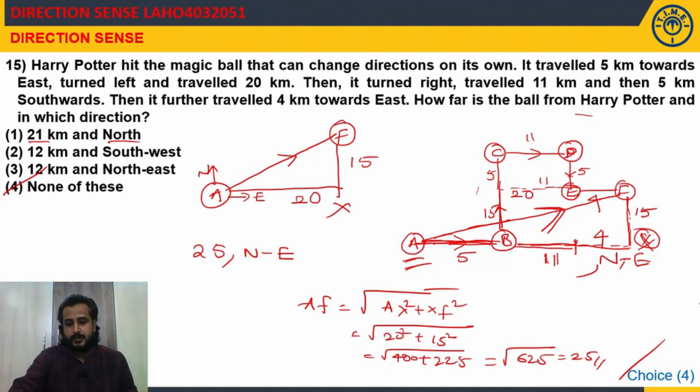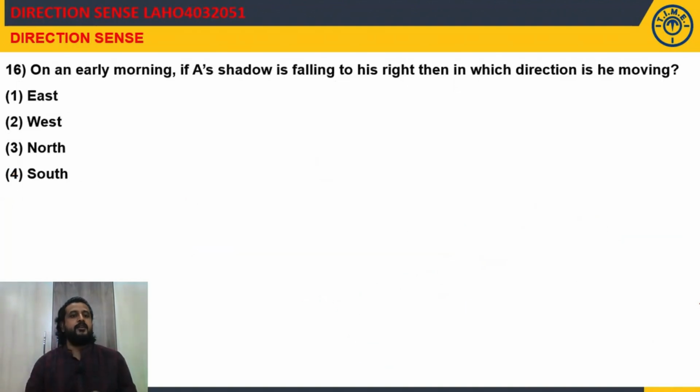Okay, now move to the next question. We are done with the distance and direction based questions. Now we have come to the shadow based questions. As we discussed during the basics class, we will get two situations: morning and evening. Morning, sun will be in the east, opposite to sun is shadow, so it is west.